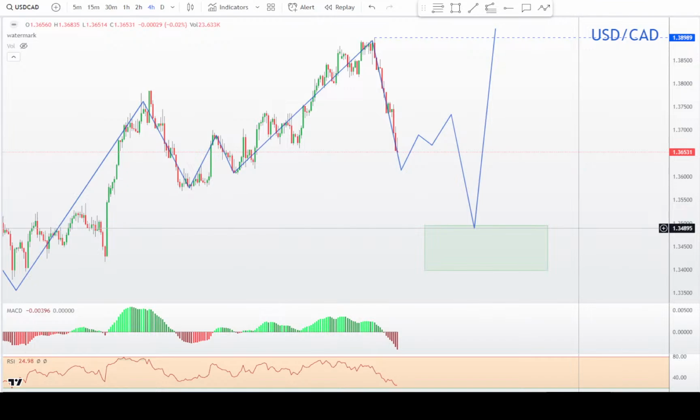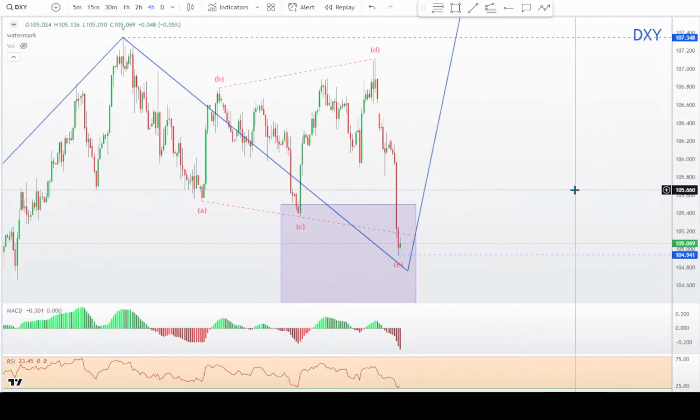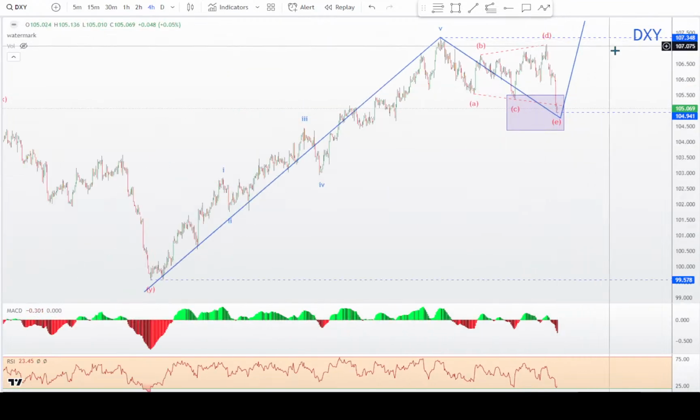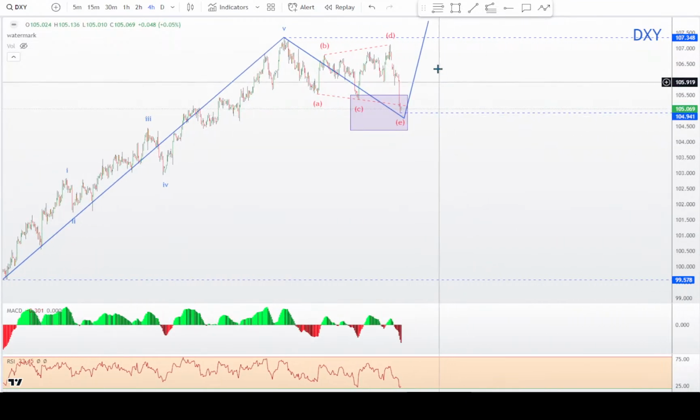But my intro, if we just look at the dollar index, I just said that this looks like a triangle to me. And so I'd only be looking for buy setups because now the dollar will go up to break that 107 high.